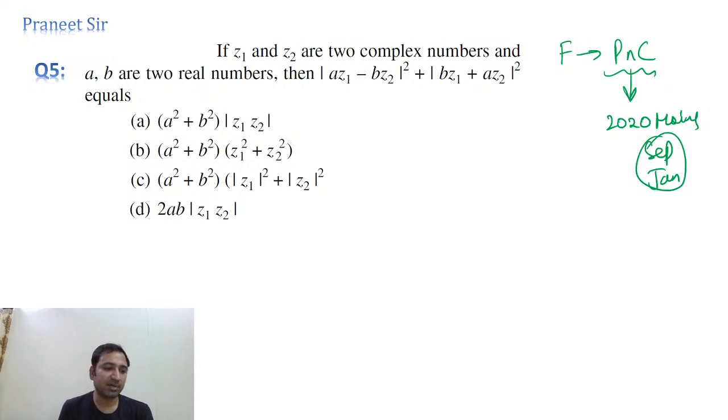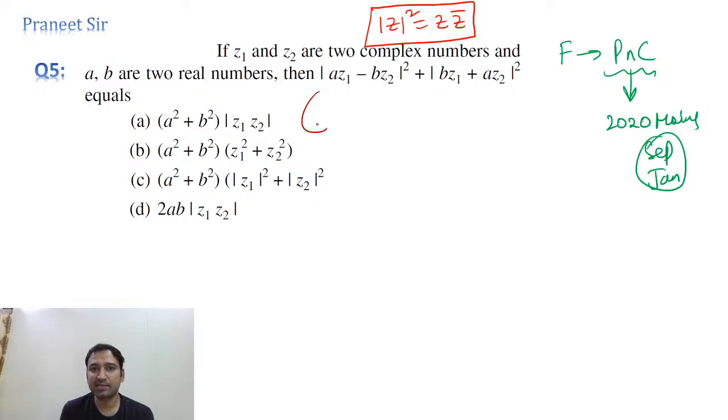See, in complex numbers we have a very important property, guys. Most frequently used property: mod z square is equal to z into z bar. By using this property, we can expand this easily.